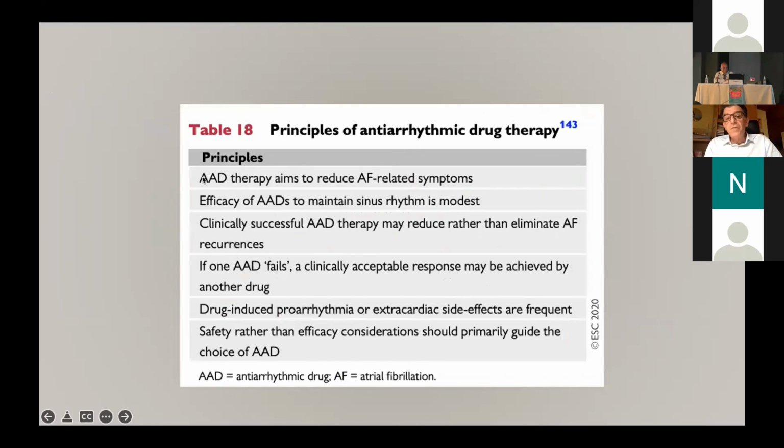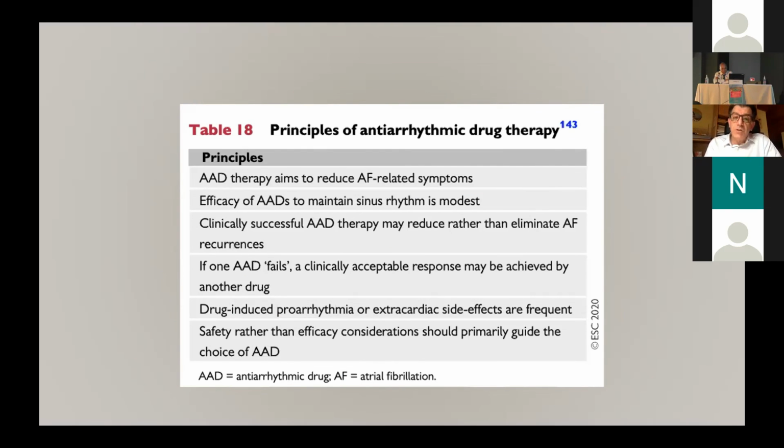The same applies to the antiarrhythmic drugs, and the information that we have is that we should not change our policy for these patients because of the chronic kidney disease, but we should do the same thing for these patients.